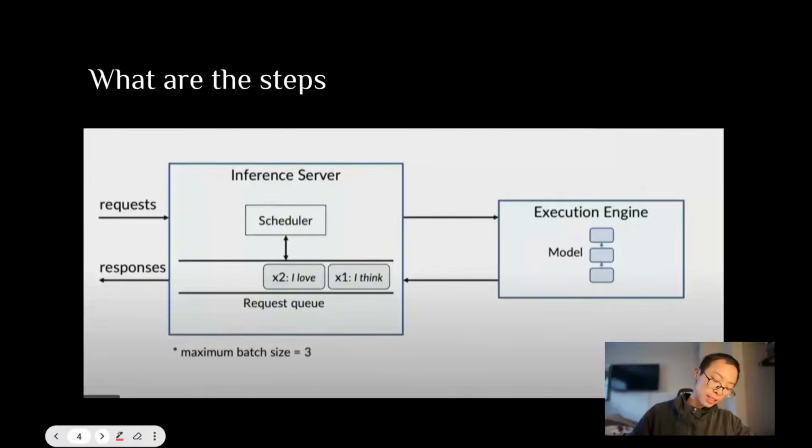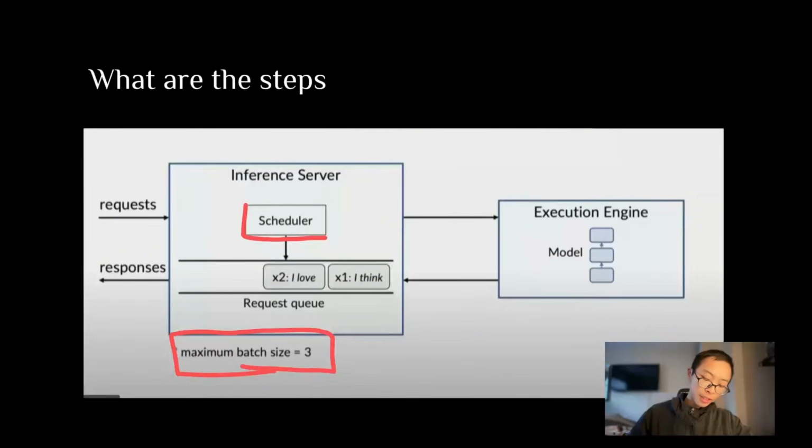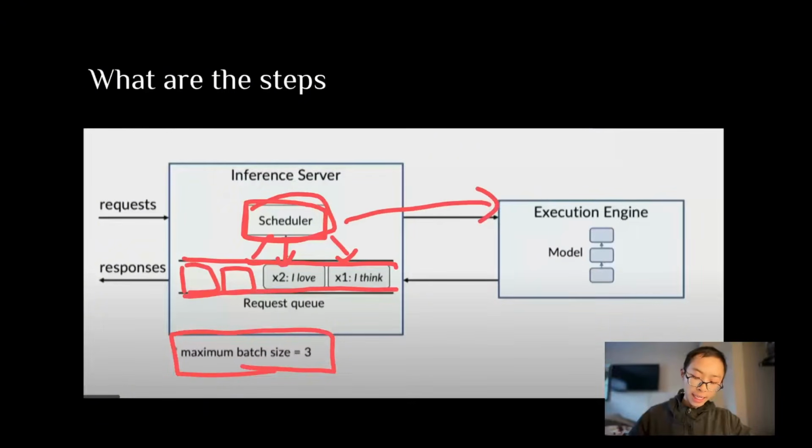Just to give an example, if the batch size is set to 3, then the front-end inference server will pull from this queue of requests. Many users submit their requests, and the scheduler will pick 3 of them, or at most 3, into one batch and dispatch it to the backend.